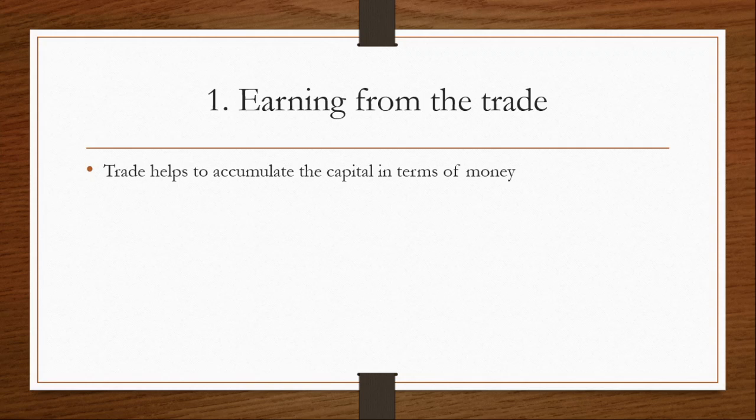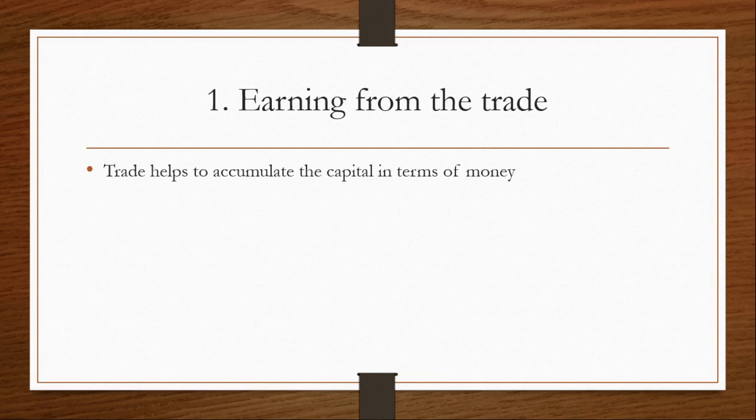And this is how the trade environment builds up in the economy. So the point to be noted here is that the capital market actually helps in building up a trade environment in the economy. And so, whenever there is trade in the economy, there is capital market development in the economy.